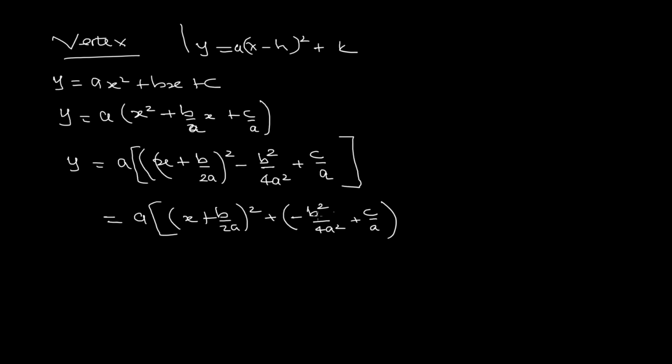Right, I can factorize this. So it's going to be a, then x plus b over 2a squared again, and plus. Here, I go into my brackets, so let me simplify this.